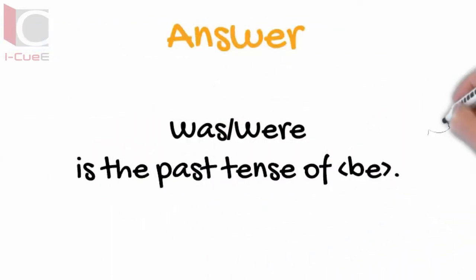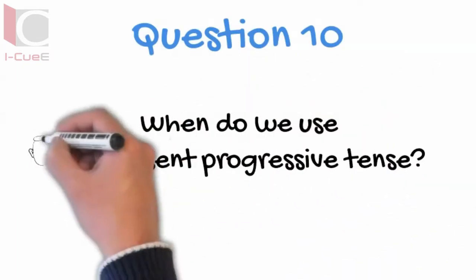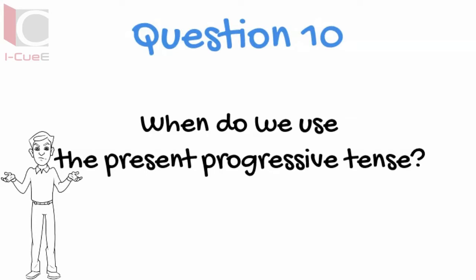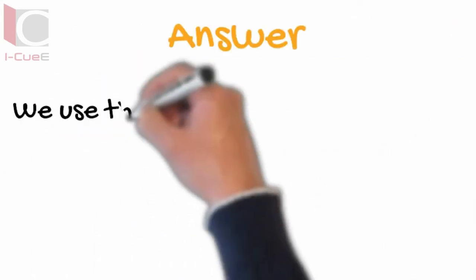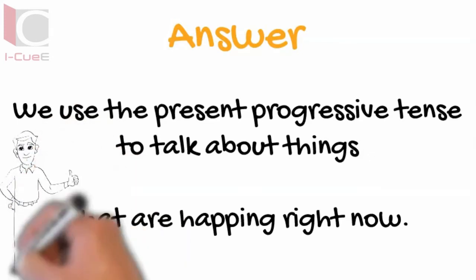Was or were is the past tense of be. When do we use the present progressive tense? We use the present progressive tense to talk about things that are happening right now.